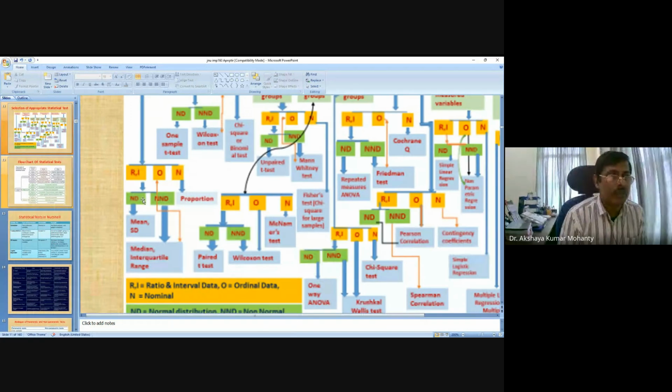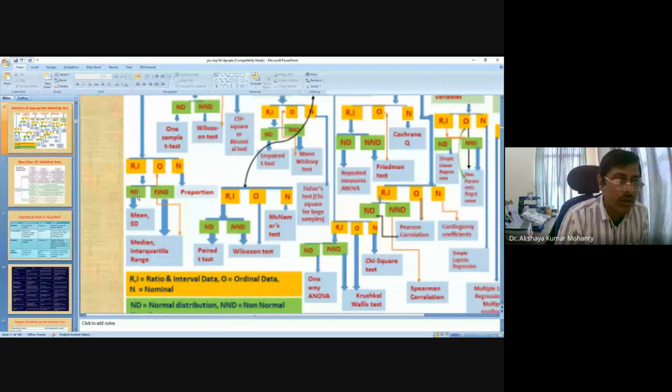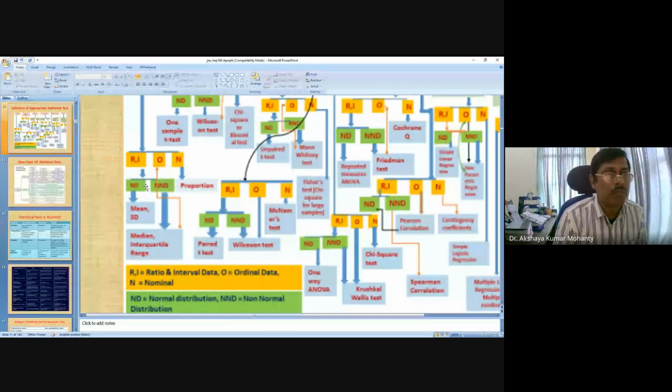Either we can use ND, which means normal distribution, or non-normal distribution, NND. Maybe it is normally distributed, maybe it is not normally distributed. Two options will be there.